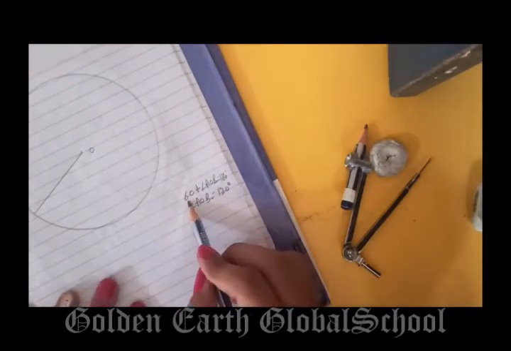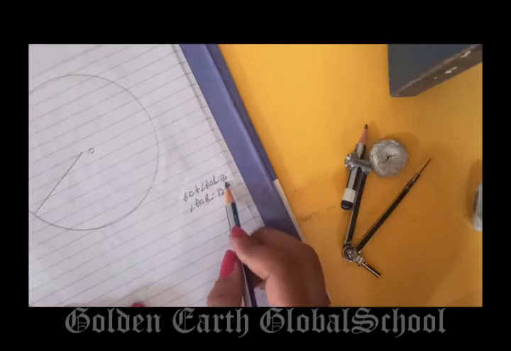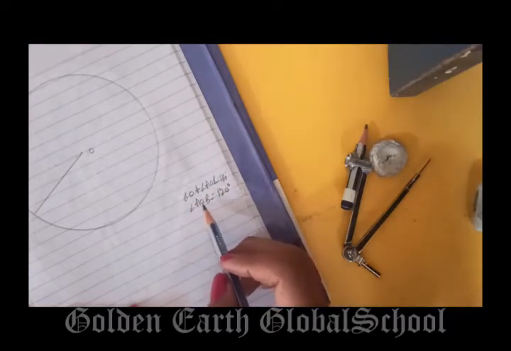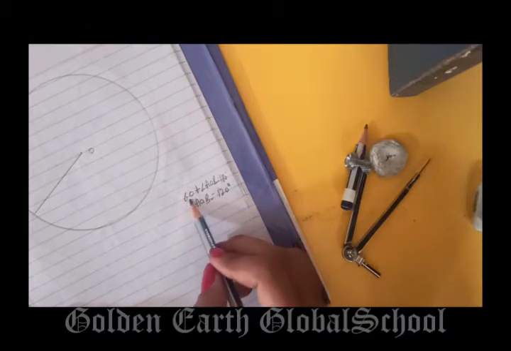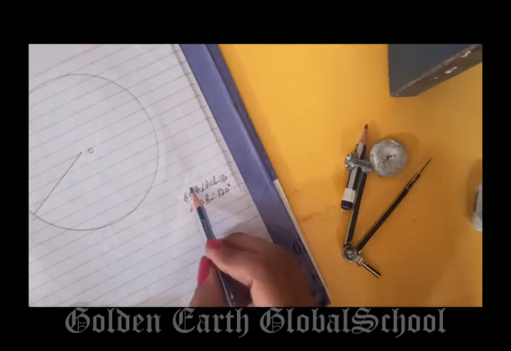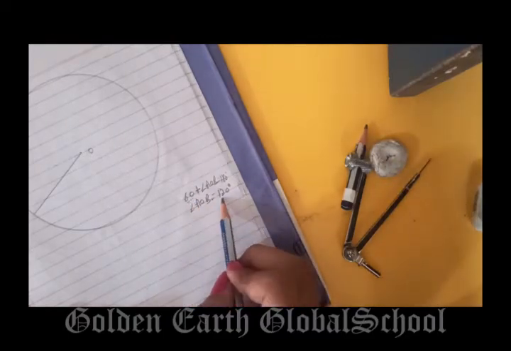This is not the double of this. This is according to the supplementary condition. Both angles are supplementary. So firstly find the central angle. If this angle is 50 degree, then the central angle will be 130 degree. So according to the angle between tangents, our central angle will vary. This is 60, so this is 120.